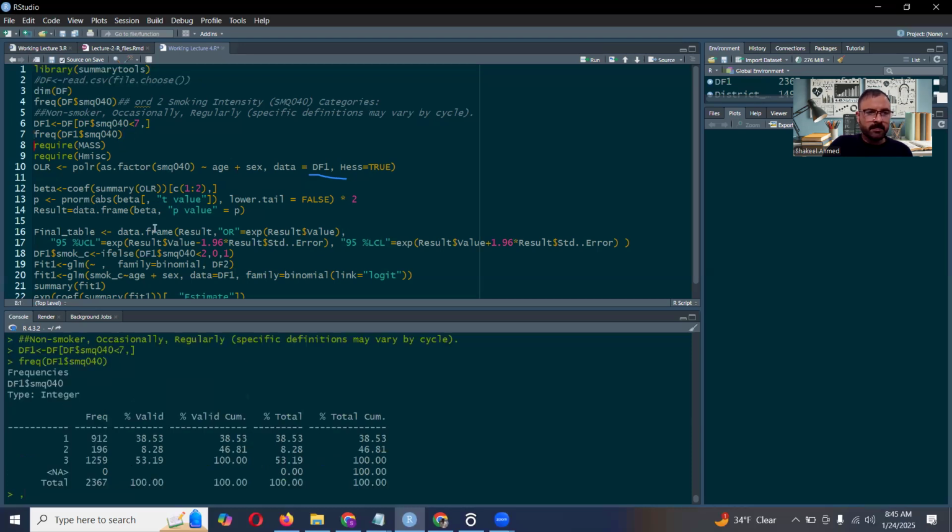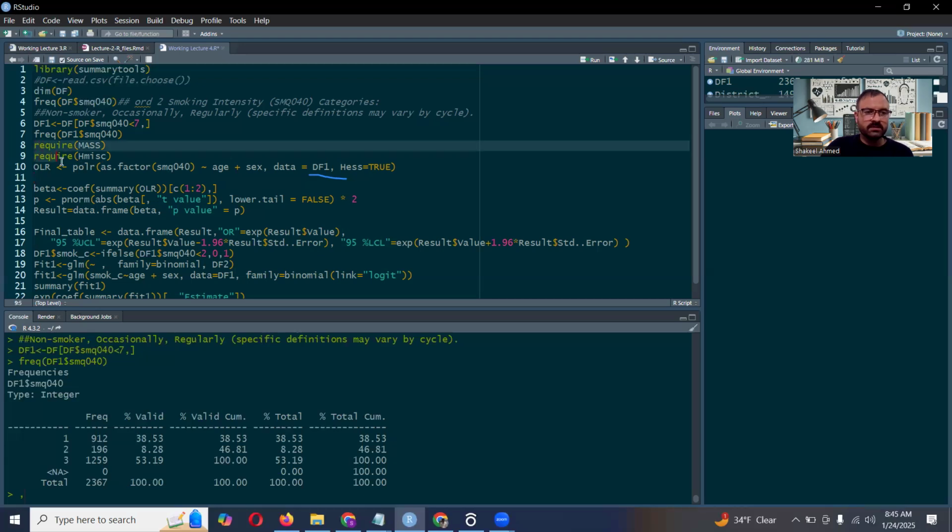For ordinal logistic regression, although we have the glm command as well, I'm using the polr command. For this we need the MASS package and the Hmisc package.